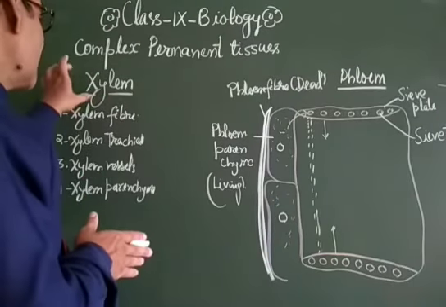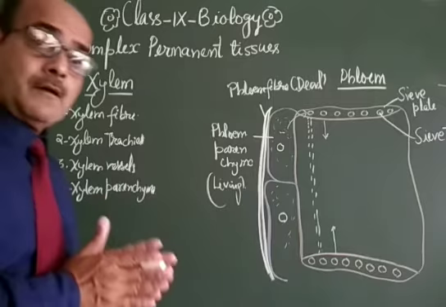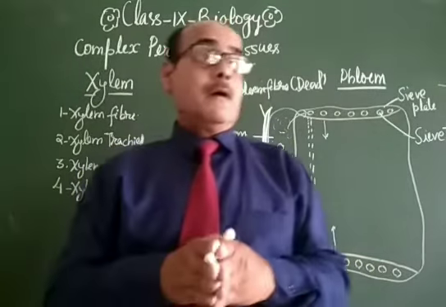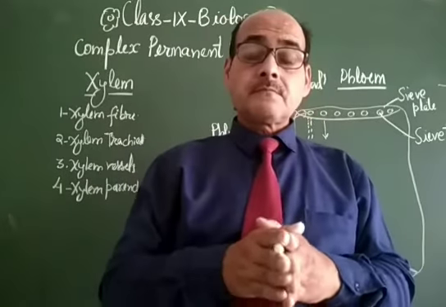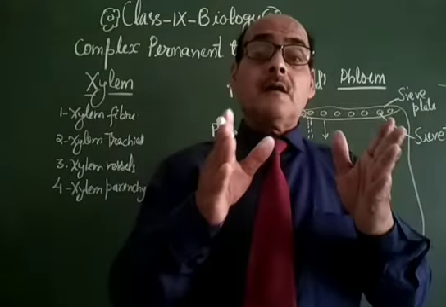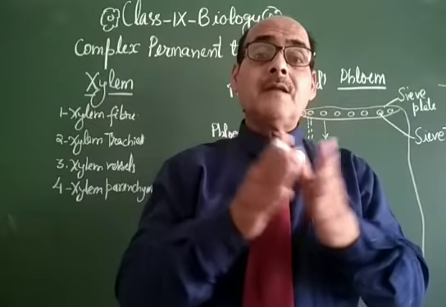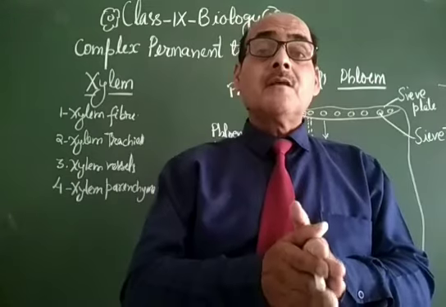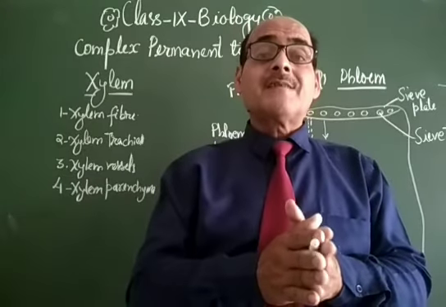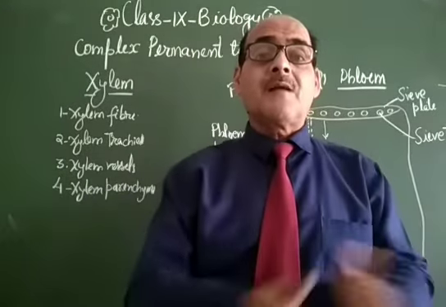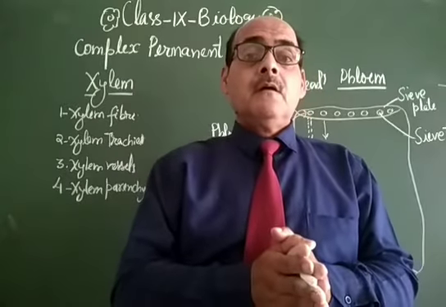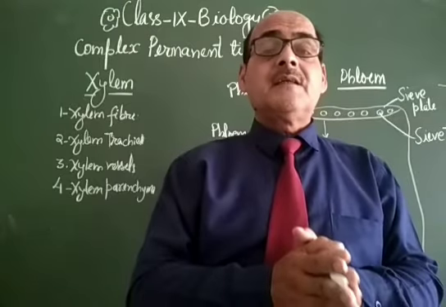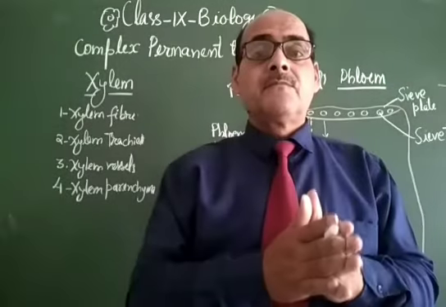And as far as transpiration is concerned, now see the definition of transpiration. When excess water is coming out from the plant body through the stomata and gets evaporated, it is called transpiration.